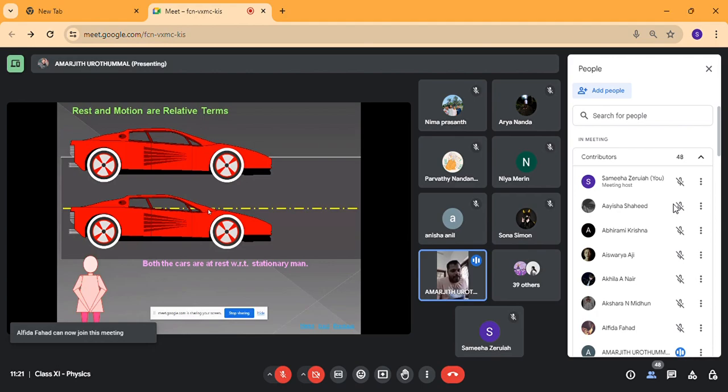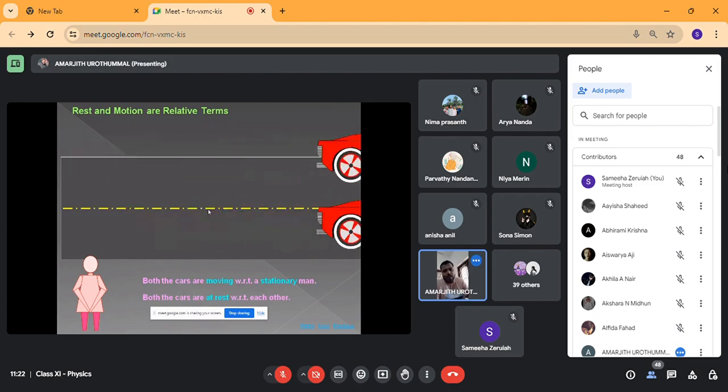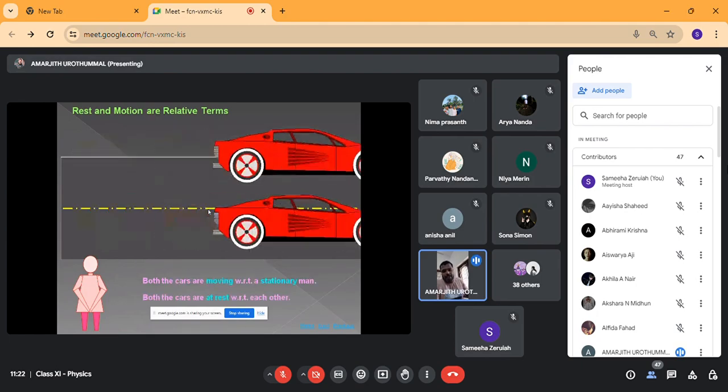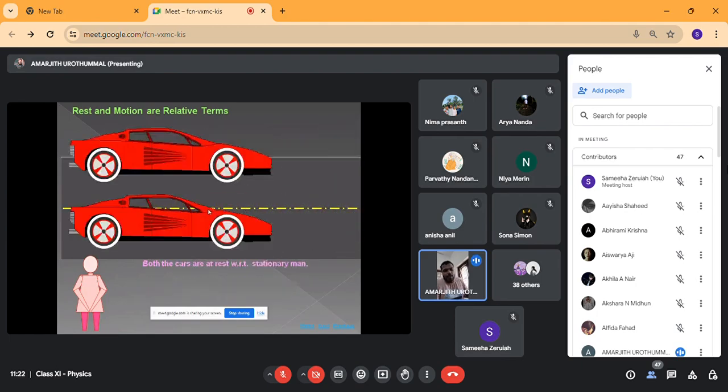Because, listen here, when both are traveling in the same direction with the same speed, there is no change in motion with respect to one another. They are together now, and till the end they are together only. But for the man, initially they are in front of him, and now the position has changed.